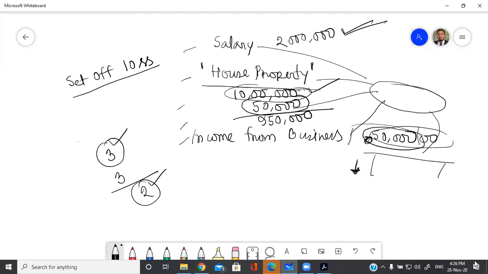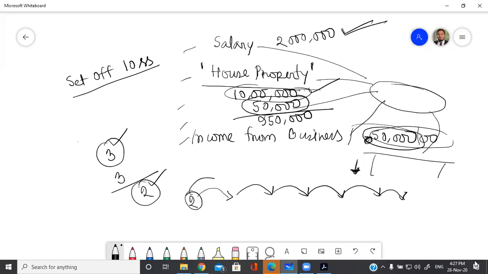Okay. So what is the remaining? It's 2 million loss. It is said that this 2 million loss can be carried forward to the subsequent 6 years. Have you got it? Subsequent 6 years, what can you do?